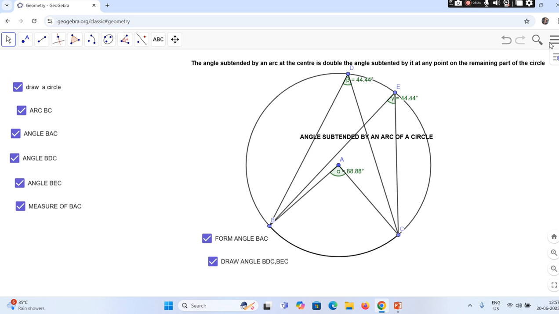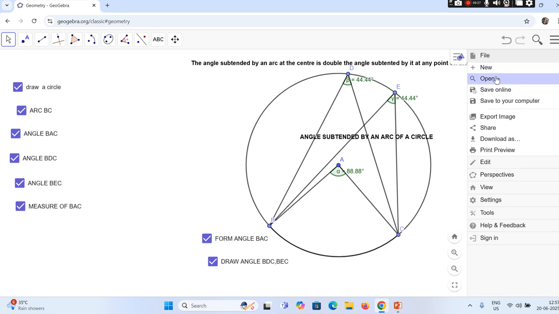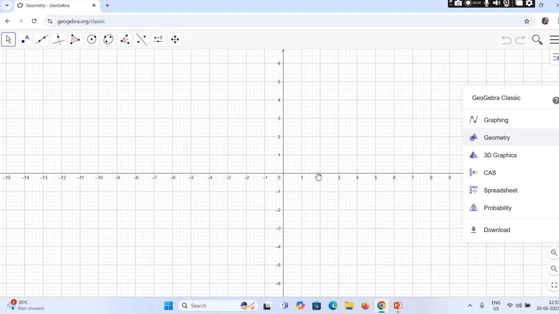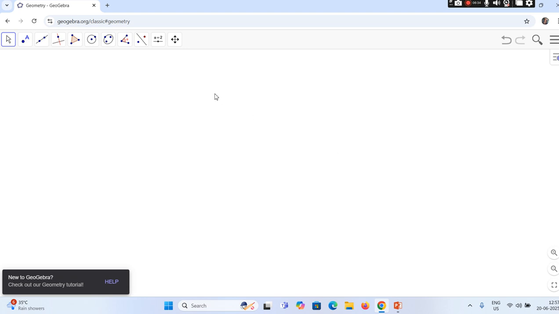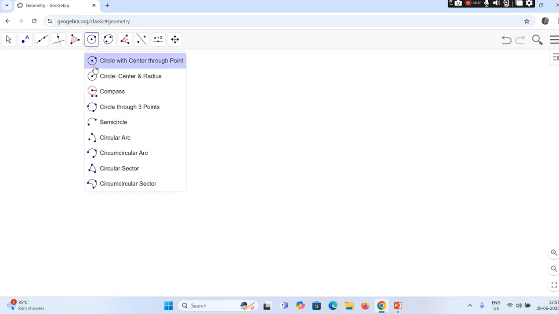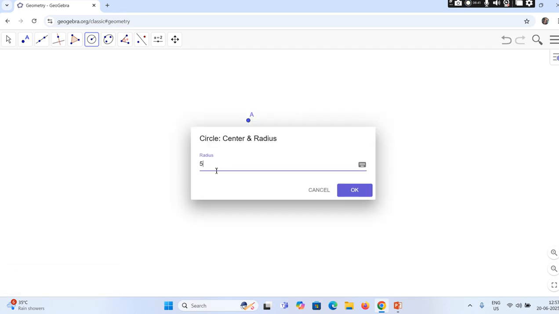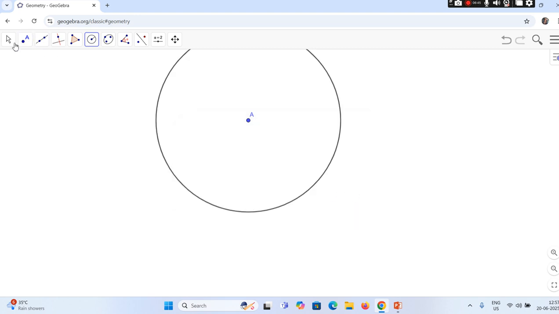Dear students, the next property is the angle subtended by... let's first draw a circle. Now we have a circle, say with center A and radius phi. Now we are going to prove the property that the angle in a semicircle is a right angle.